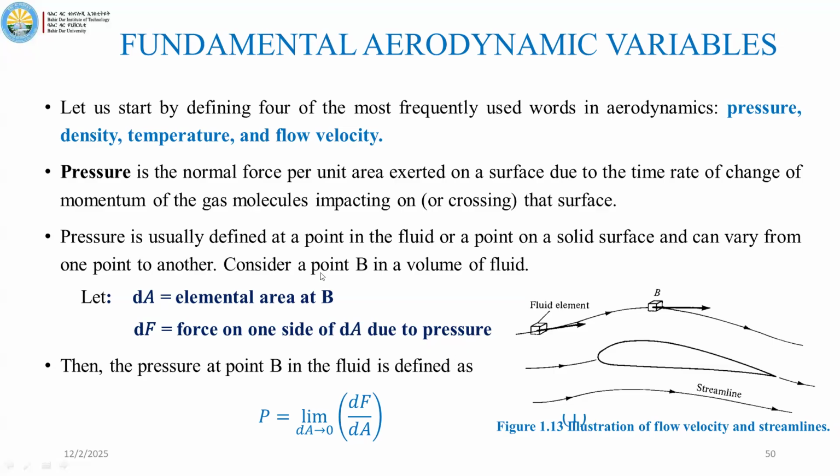Considering that point, for example point B for this fluid element, the element area at point B is a differential area dA, and the force acting on that point is dF. Therefore, the pressure at point B in the fluid is defined as the limit of dF over dA as the differential area approaches zero. This is just the differential form.